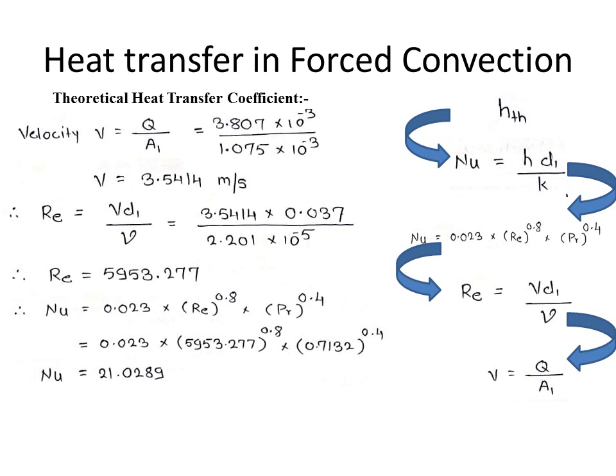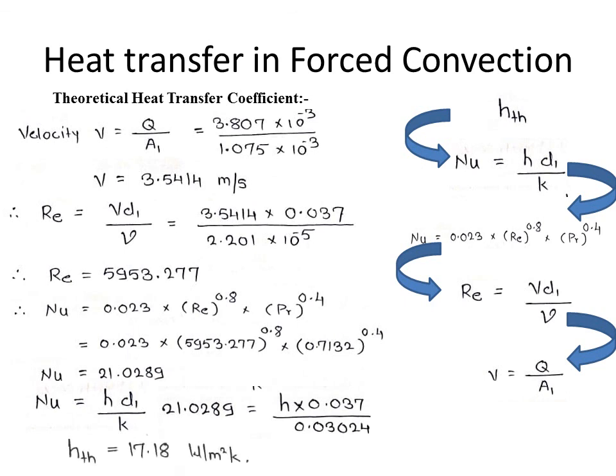After putting these values, we get Nusselt number equal to 21.0289. From the Nusselt number, we can calculate the theoretical heat transfer coefficient, and the value is 17.18 watt per meter square Kelvin.